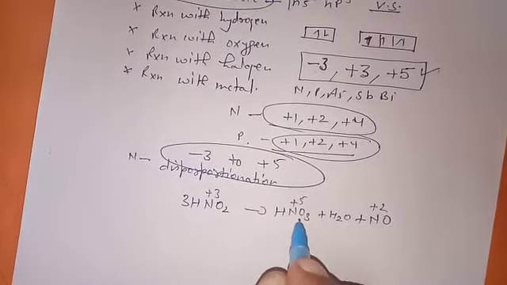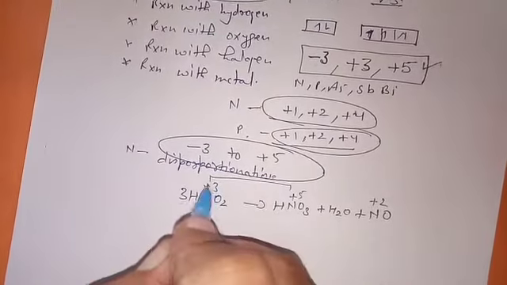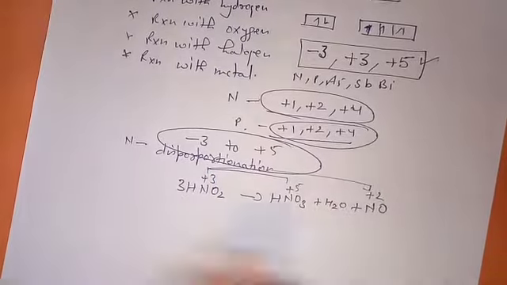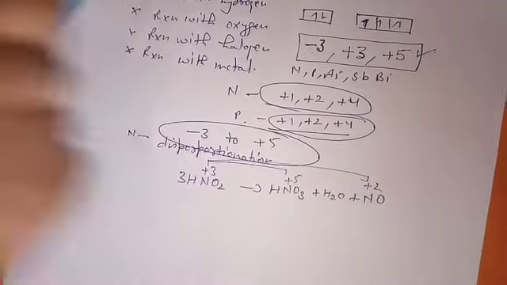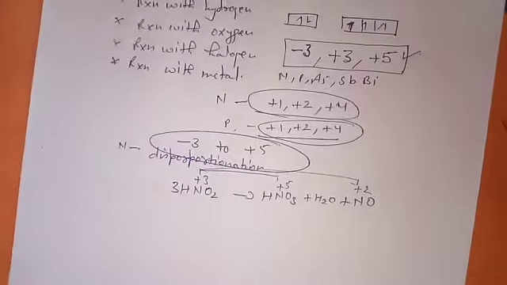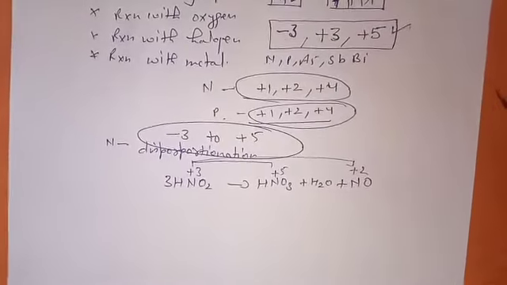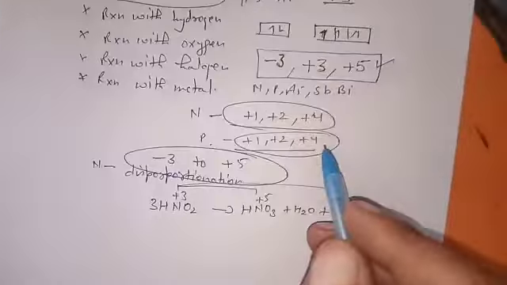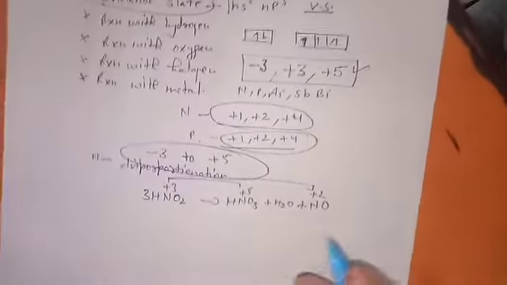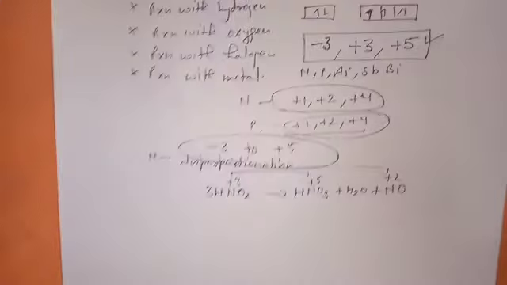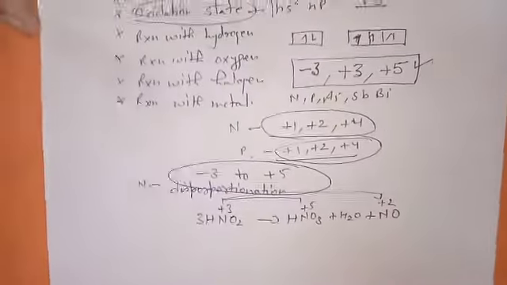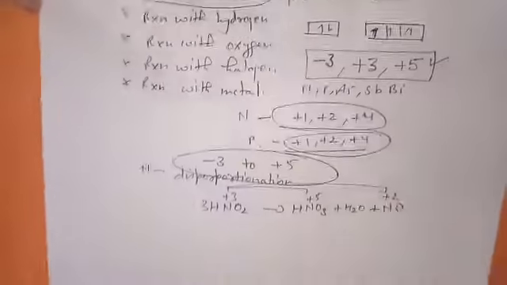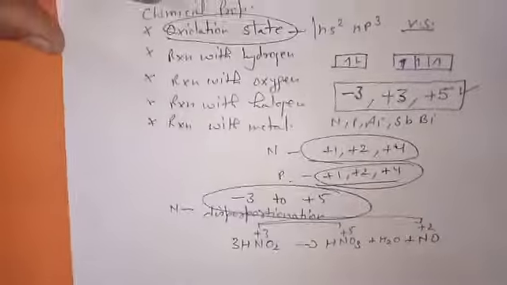So there is an increase and a decrease, meaning nitrogen is able to show disproportionation in acidic medium. Phosphorus also shows the same phenomenon. Phosphorus exists in higher positive oxidation states in its oxacids, like phosphoric acid.